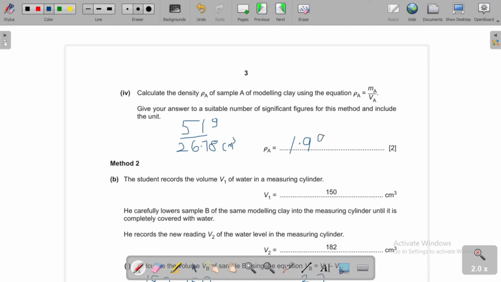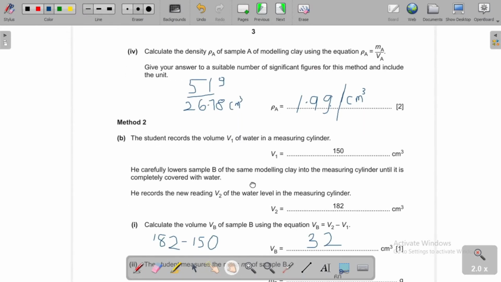So the unit is going to be gram per cm raised to the power of 3. So with that, you have your 2 marks. Let's go to the next one.